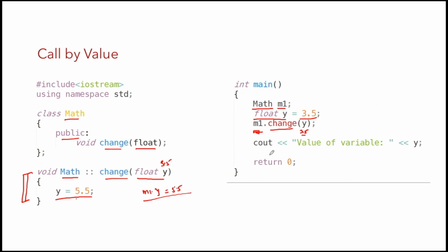Now in the next line I am writing the value of variable y. Because y is a local variable over here, it has nothing to do with the value m1.y. So the output of this program would still be 3.5, because this call was made with the value. So 3.5 as a value is returned over here.